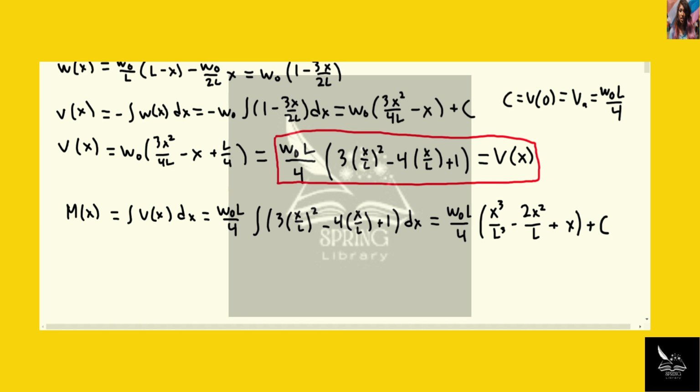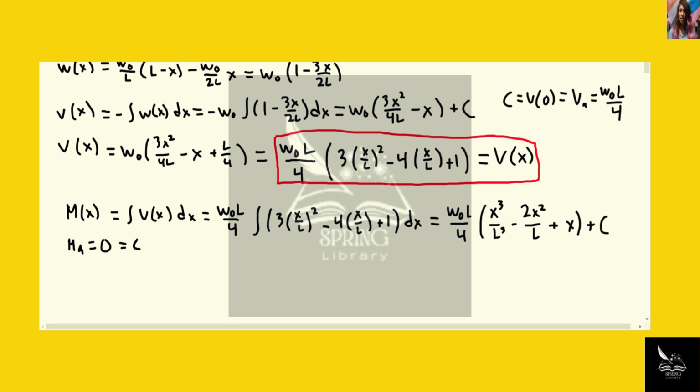Now we know that M of 0 is equal to 0. The moment at the end of our hinge is equal to 0. So our integration constant here will be equal to 0.